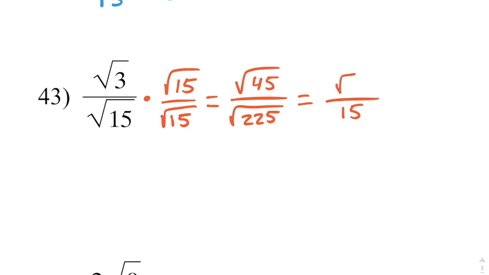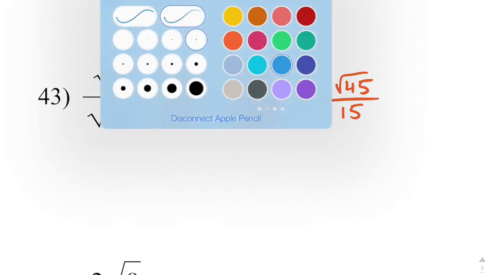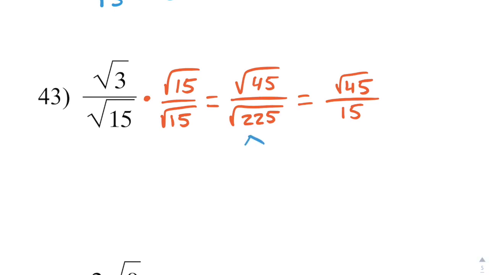So I have the square root of 45 over 15. But wait, 45 can be simplified as well. So for 45, we're going to get these two things. We got 15 times 15. That's what got us our 15s.